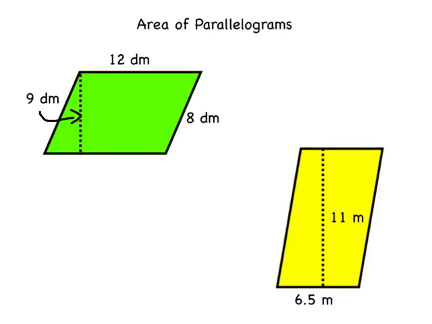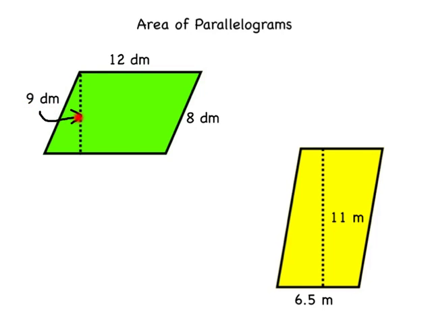Let's look at some quick examples. So look at the green parallelogram. In the book, they're going to try to trick you. They're going to give you this measure, and you have to be careful. That's not the height. This is the measure of the slanted side, and you can see that it's 8 decimeters. But the area for a parallelogram is actually the base, which in this case is 12 decimeters, multiplied by 9 decimeters.